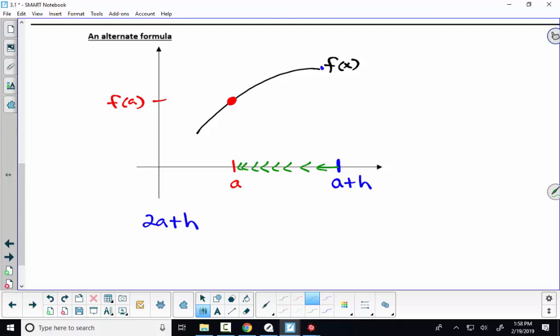How do I do that? Just have h approach 0. Yeah, you just let h approach 0. So just think of h as some step size, or some distance away from a. That's the only difference here in how we label that second point, a plus h, and in order to make this value approach this value, h has to approach 0. So that's the only difference in our formulas.